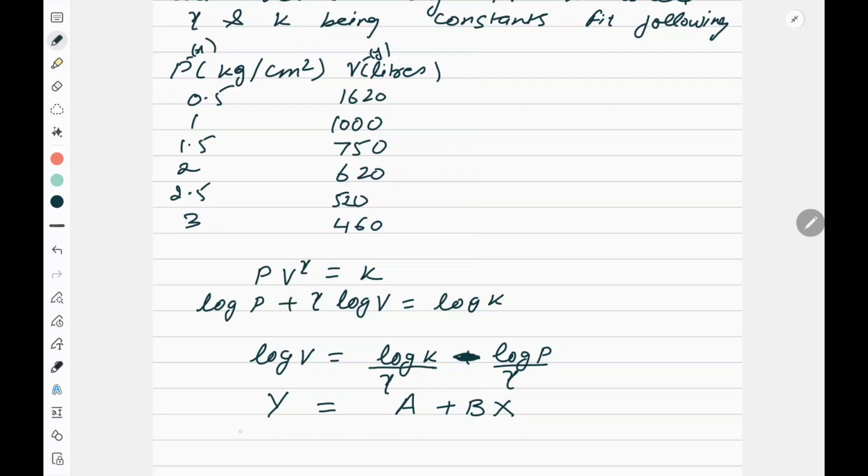Now if I compare this, what I am substituting basically, y is equal to log v, A is equal to log k by gamma, and b is equal to minus 1 by gamma.